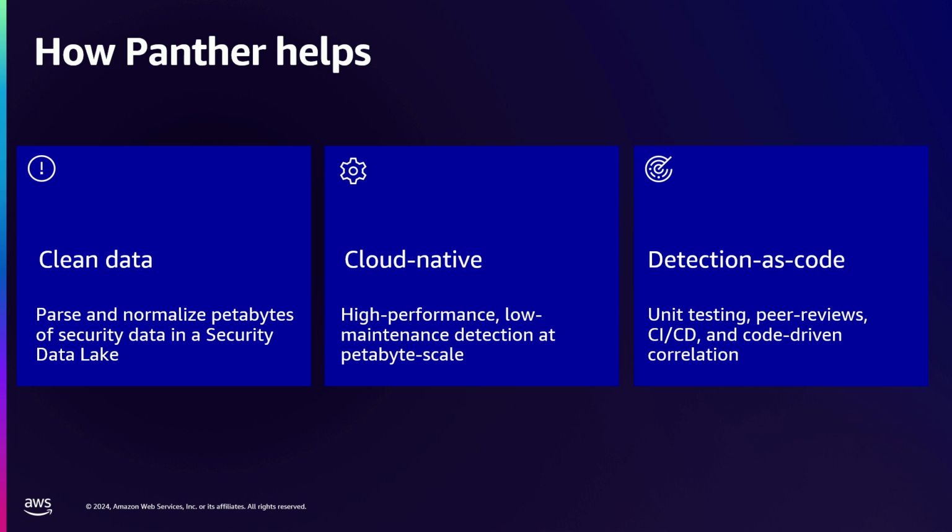And then we have detection as code. Like I mentioned, this is our unique approach that transforms security operations with flexible, scalable detections aligned to CI/CD engineering principles. These are just some of our key benefits, and Panther is a leading solution for modern security operations, empowering organizations to effectively detect, investigate, and respond to threats in today's dynamic threat landscape.